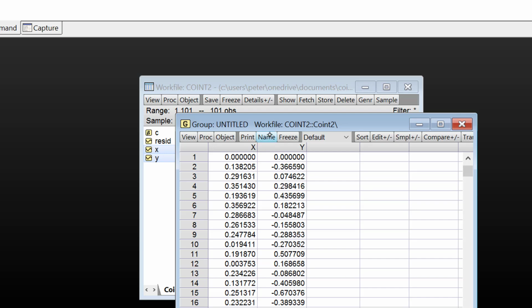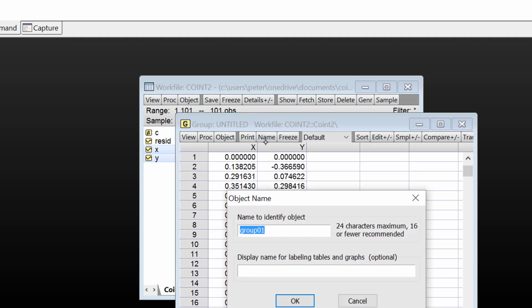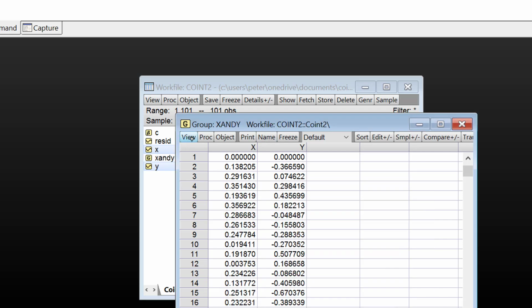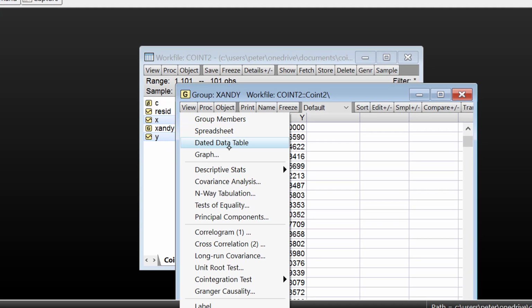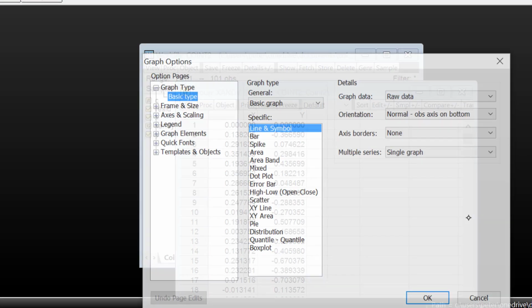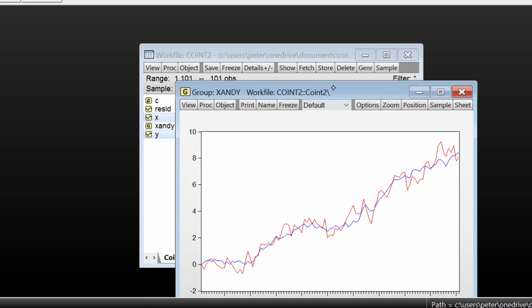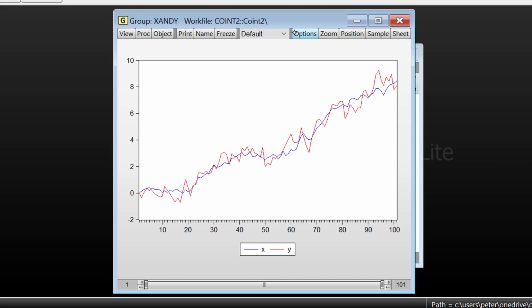I will save this group for later, so let's just call it xy. To plot this, just do View, Graph, click OK, and here's the graph. There is a clear tendency for both of them to increase, so it seems reasonable that they are non-stationary.